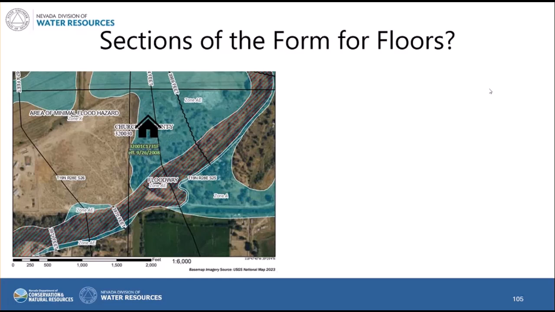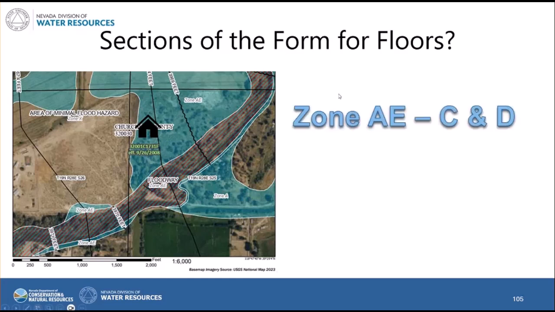Kristen's got it. C and D, yep. So because this is a zone AE, we've got a base flood elevation established or published. So we're going to need a surveyor or professional engineer to fill out section C and then certify that information in section D.